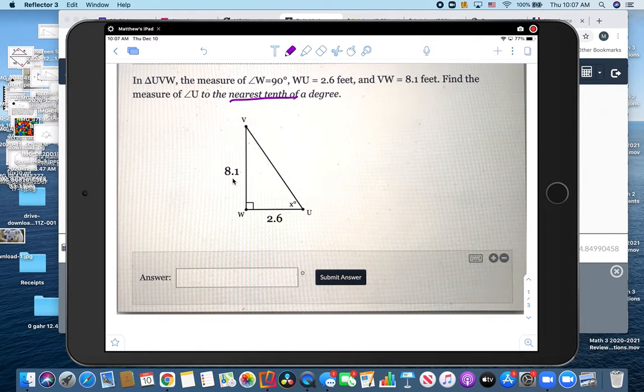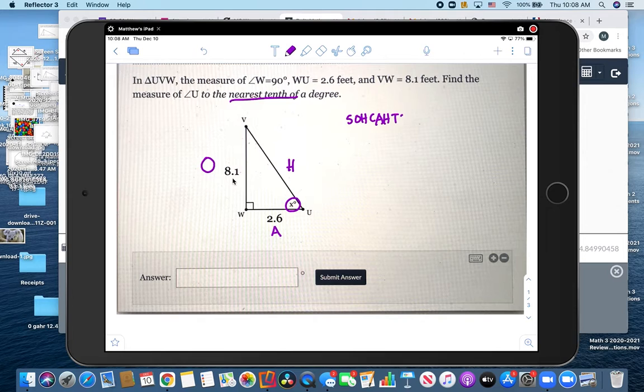All right, so for this one, here is this angle. Now, in the perspective of that angle, the side opposite is this one. The hypotenuse is across from the 90 degrees, and that one's always the hypotenuse. And the side that's adjacent, or right next to the angle, is this one. Okay, so SOHCAHTOA.